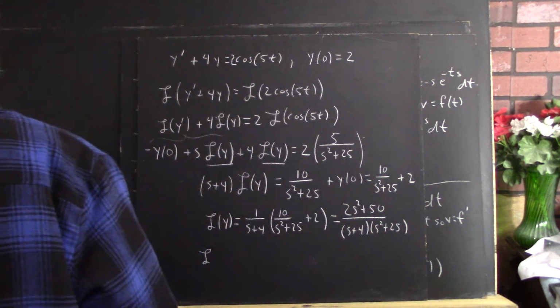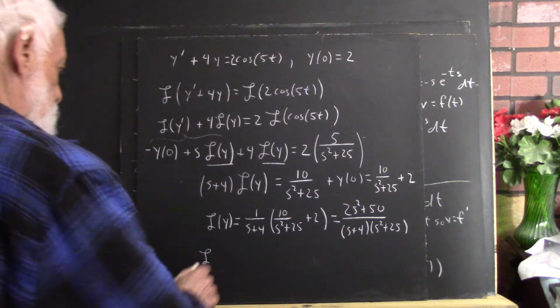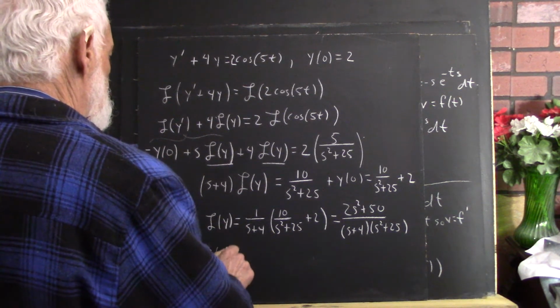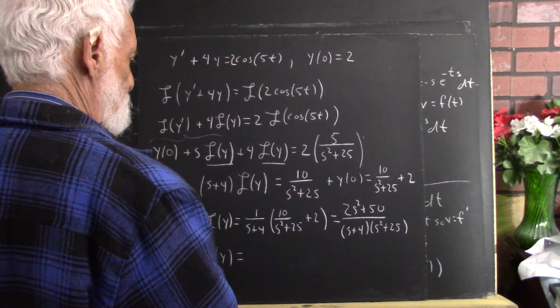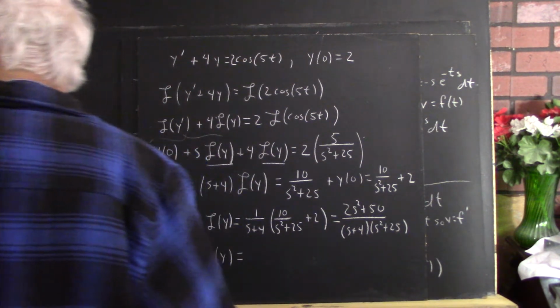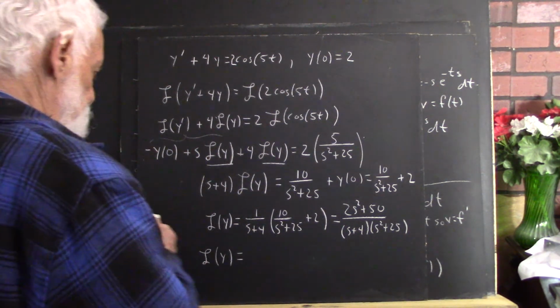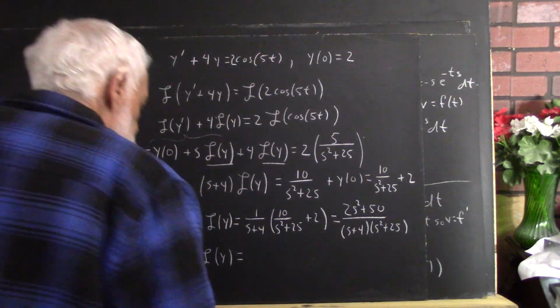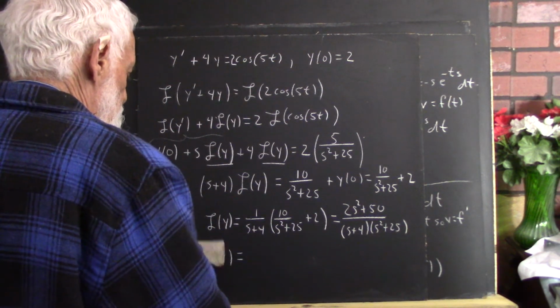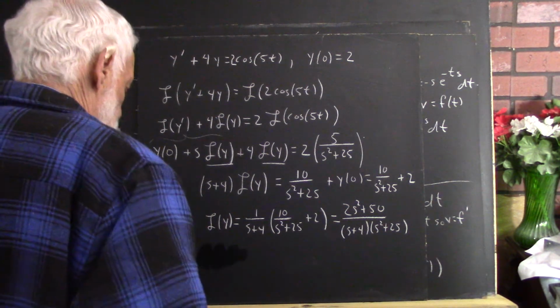Before I do the inverse transformation, never mind. I thought I knew what I wanted to do. We're going to do that on a separate board in a separate video.